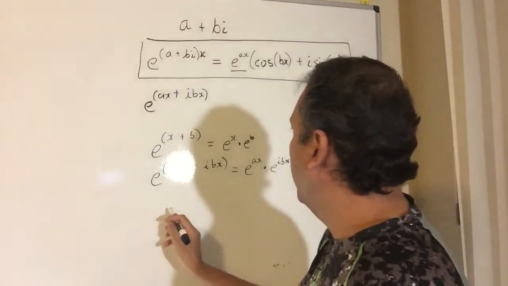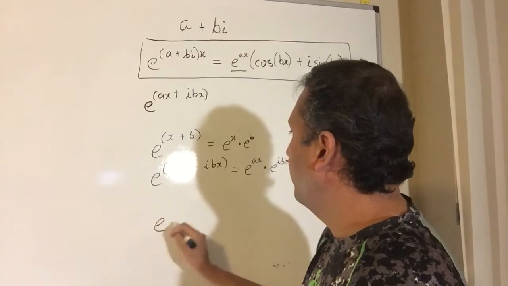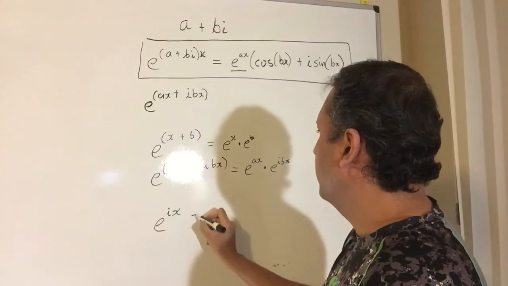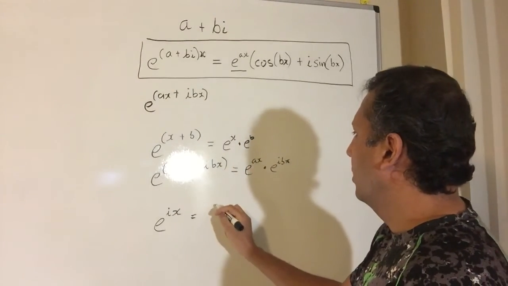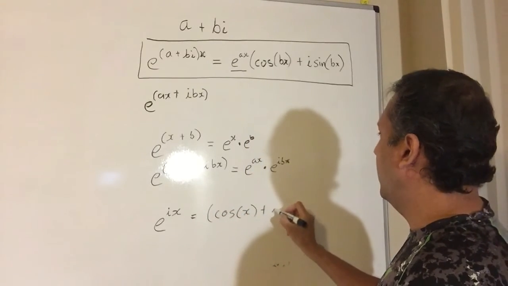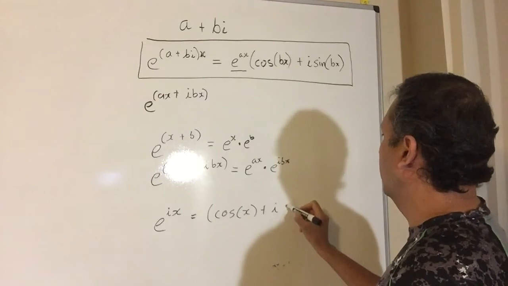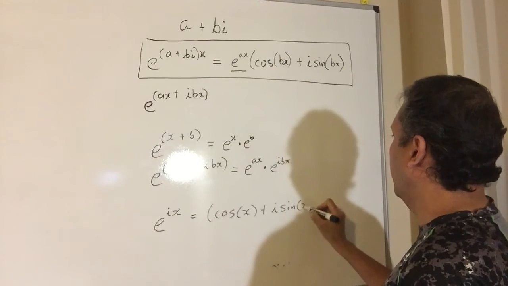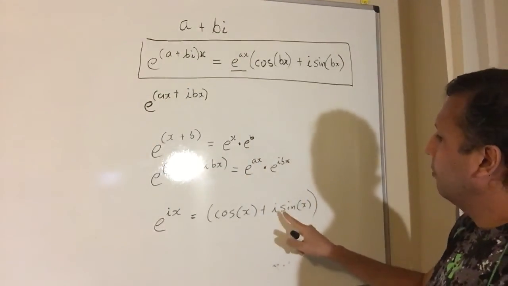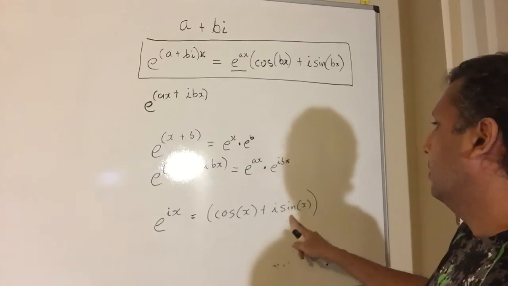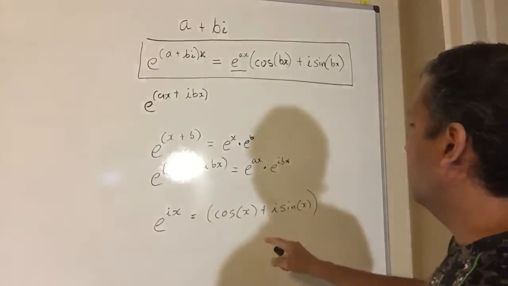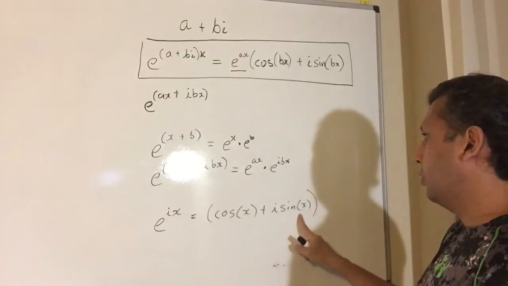So a number raised to a complex value, say ix, can be written as cos x plus i sine x. So the i now goes in front of the sine function, and whatever is being multiplied by the i is inside the parentheses of the trigonometric functions.